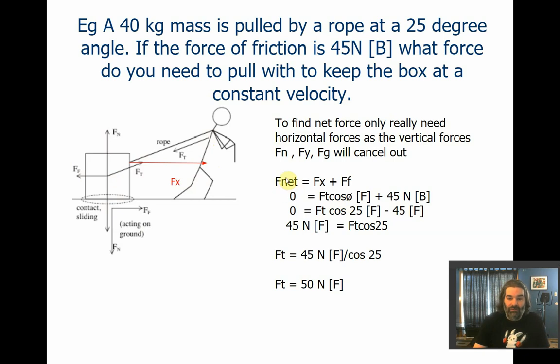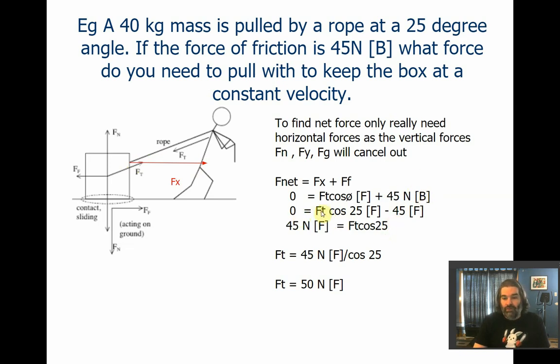So you want to find the net force. If it's at a constant velocity, remember, the net force has to be 0. That was the trick from grade 11. Fx, what's the x component of the force you're pulling? Well, it's the force you're pulling with, the tension force, times the cosine of the angle you're pulling, 25 degrees. And then the force of friction is 45 newtons backwards.